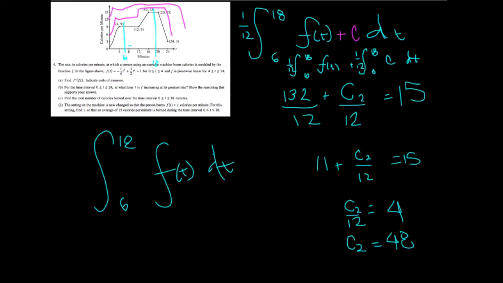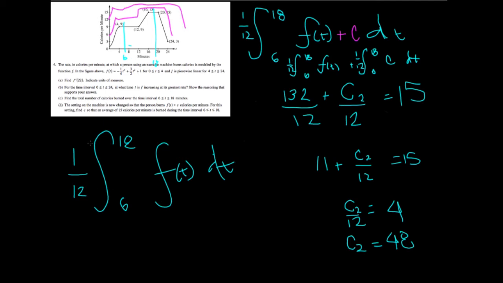So we just have to figure out what c is. In order to do that, let's look back at the original integral that I did for question C. If you guys can recall, I did the integral from 6 to 18 of f of t times dt. So what we found from that is how many calories they burn between 6 and 18 minutes. And if we were to divide that by 12, we would find the average calories they burned.